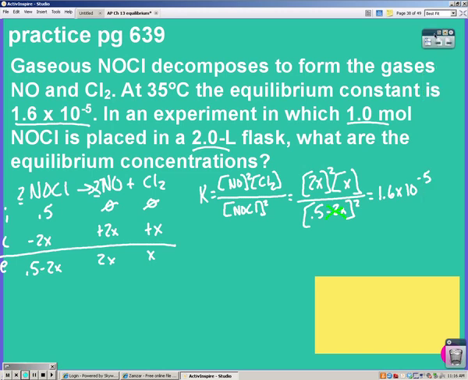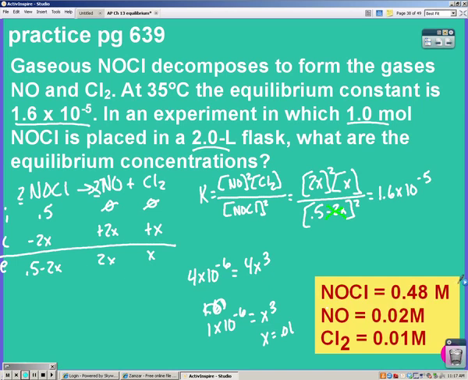Simplifying that on top, 2x squared is 4x squared, times x is 4x cubed, and then I multiplied both sides by 0.5 squared, and so dividing by 4 and cube rooting that, you get 1 times 10 to the negative 6 for x cubed, x being 0.01.